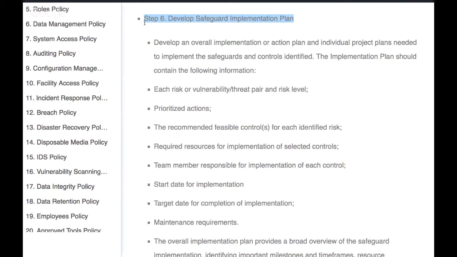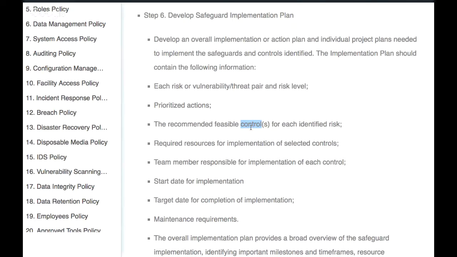Each risk or vulnerability/threat pair and risk level, prioritized actions, the recommended feasible control for each identified risk, required resources for implementation of selected controls, team member responsible for implementation of each control, start date for implementation, target date for completion of implementation, maintenance requirements.